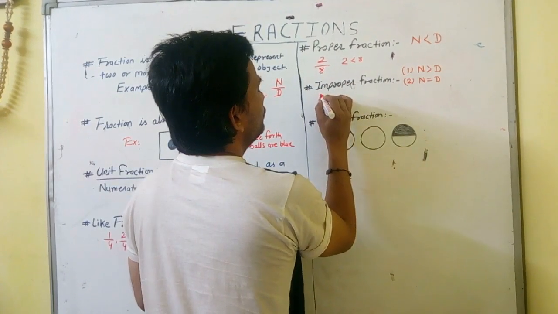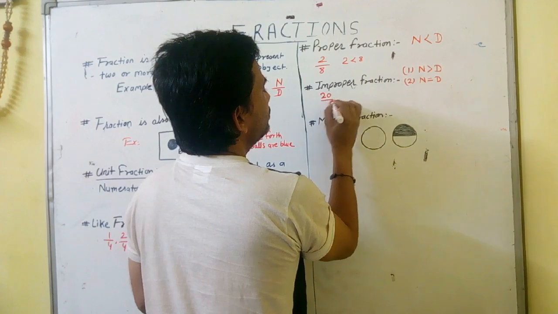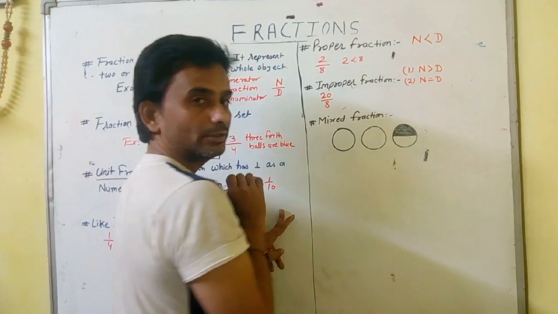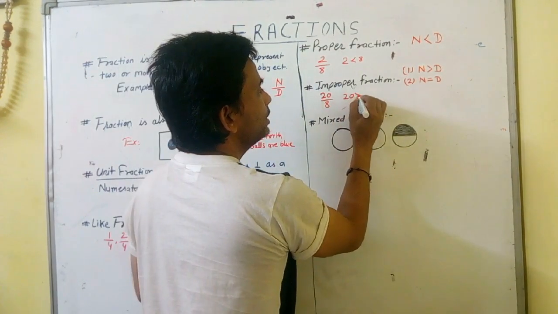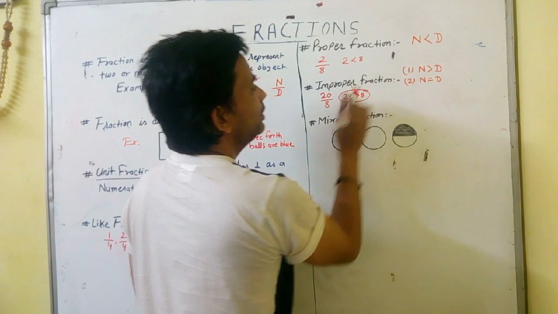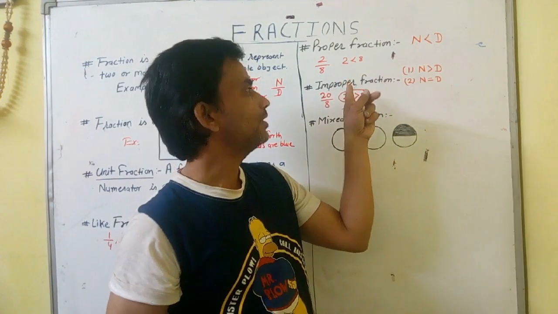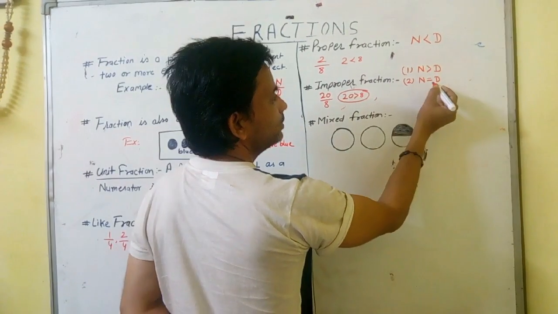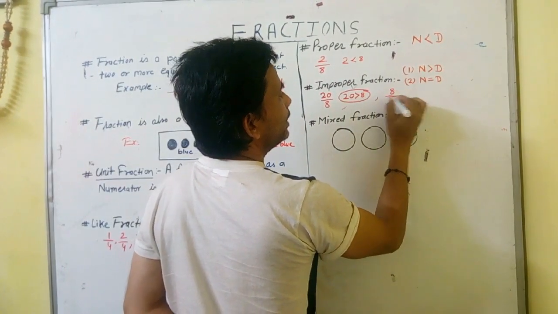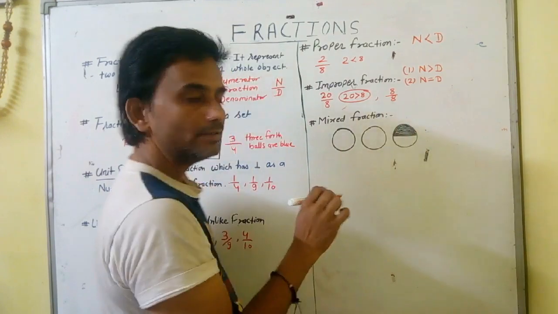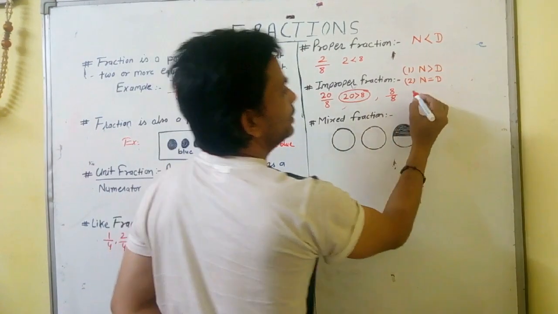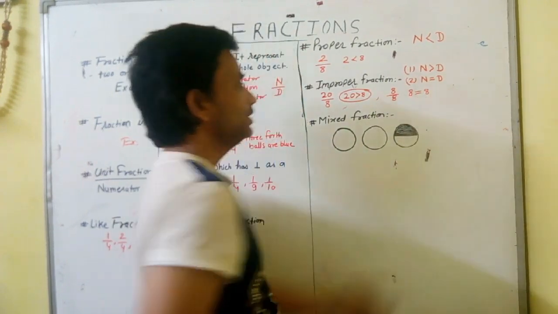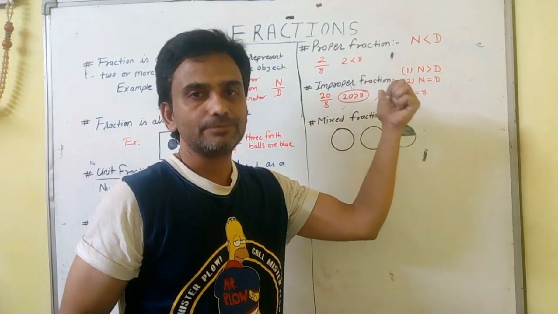For example, 20/8. Here the numerator is greater than the denominator. 20 is greater than 8. That's why this fraction is a type of improper fraction. Taking a second example from the second condition, 8 upon 8. Numerator is 8 and denominator is also 8. So this fraction is also known as an improper fraction.